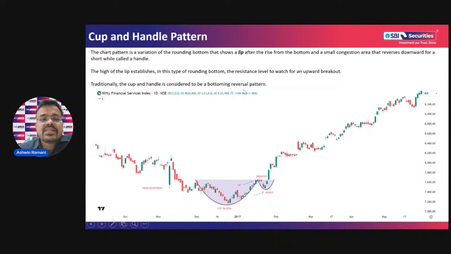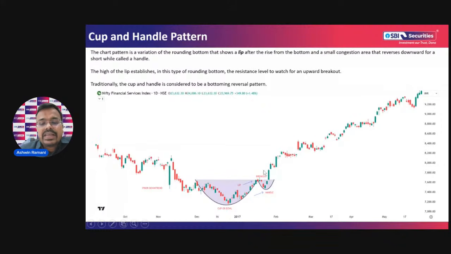So cup and handle is considered to be a bottoming reversal pattern. This big rounding bottom is called the lip, and after a rise from a small congestion area that reverses downward for a short while, the small rounding bottom is called the handle.